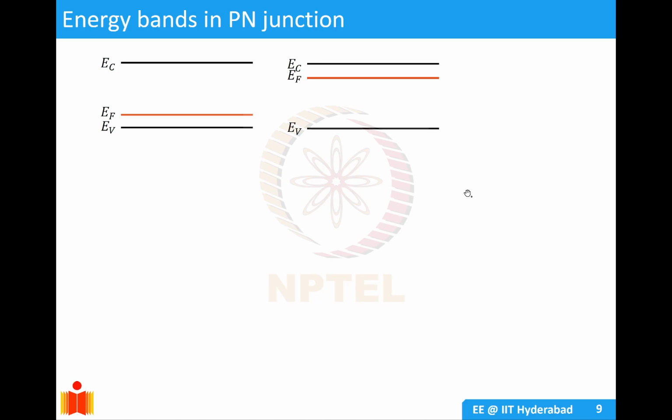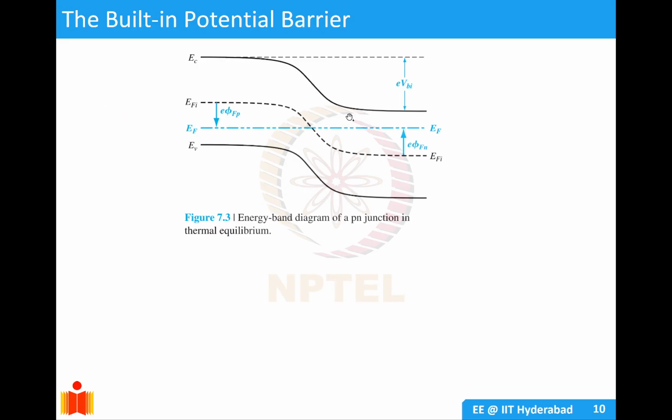So how do the energy bands look in a PN junction? You have a p-type region where the Fermi level is near the valence band, and an n-type region where the Fermi level is near the conduction band. When the two come closer, the Fermi level has to align.